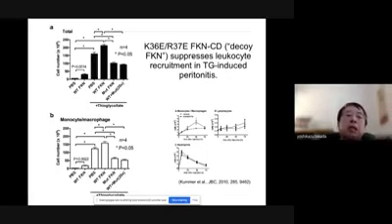So we measured the number of leukocytes in the peritoneal cavity, and what we found is that this fractalkine mutant can suppress leukocyte recruitment. So this means this mutant can suppress the wild type's function again. So it has potential as an anti-inflammatory agent.